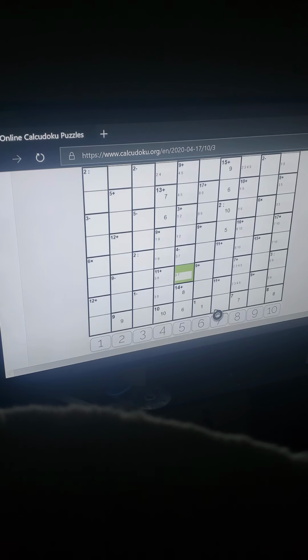And now with this minus 4, the last two numbers that haven't appeared yet are 7 and 3. Alright, that's good.